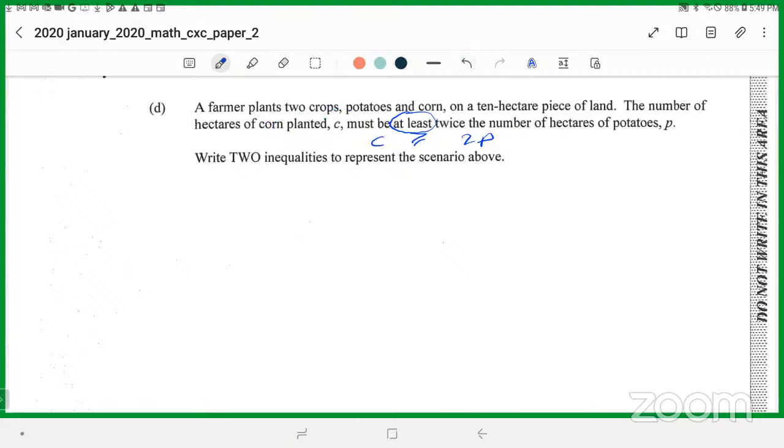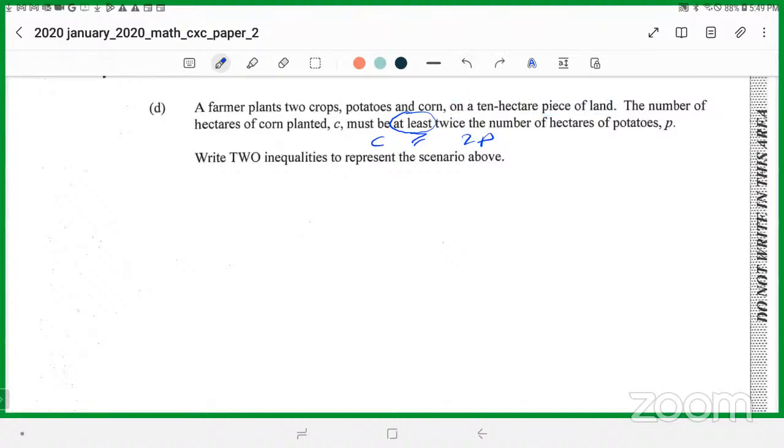That's an inequality right there. But I want 2 inequalities. The first inequality is wrapped up in the statement that the land space is 10 acres. So the total acreage of the corn and the potato must be 10 or less. You can't plant more than the land space that you have.